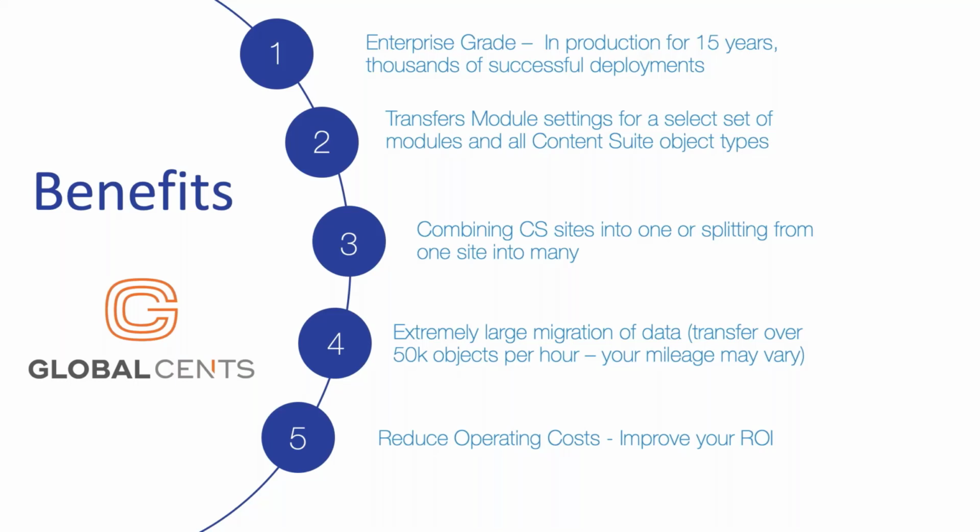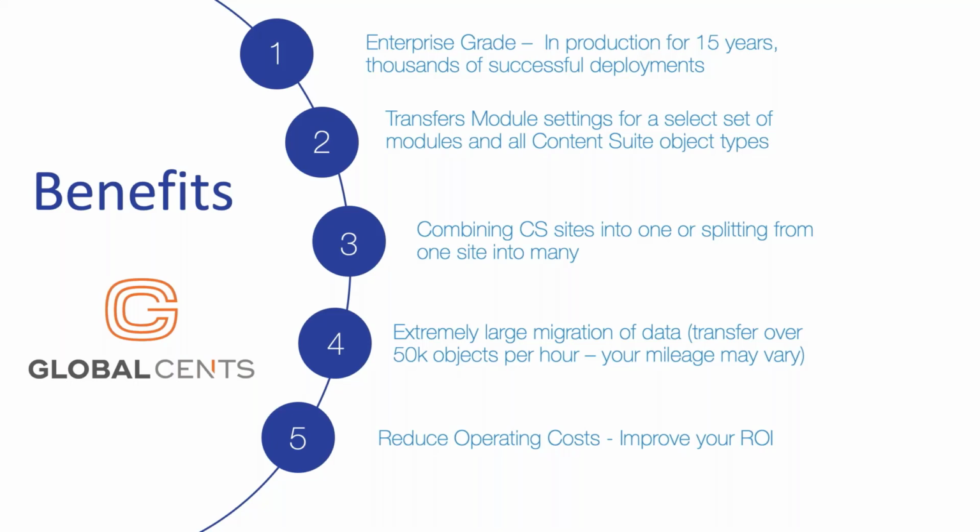The tool can also be used for decentralization. So if you're splitting a single production environment into 1 or many different production sites, the tool can be used for that. We can handle extremely large migrations. We've had a customer do some performance testing, and they were able to get over 50,000 objects per hour transferred from one environment to the next.